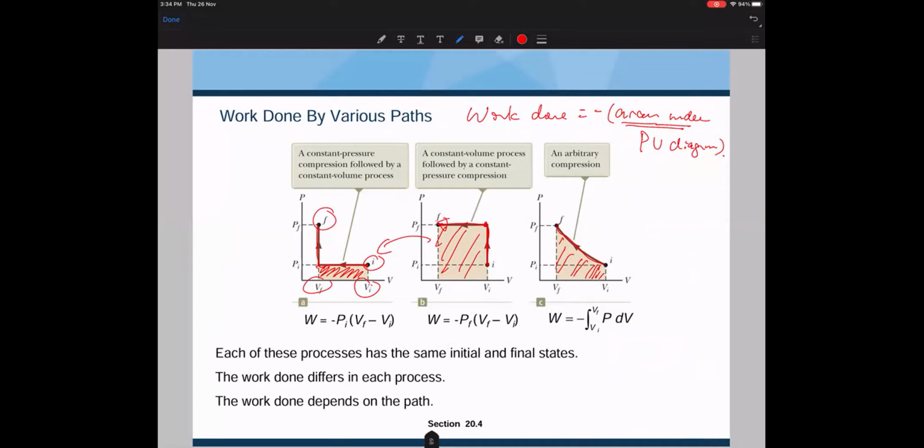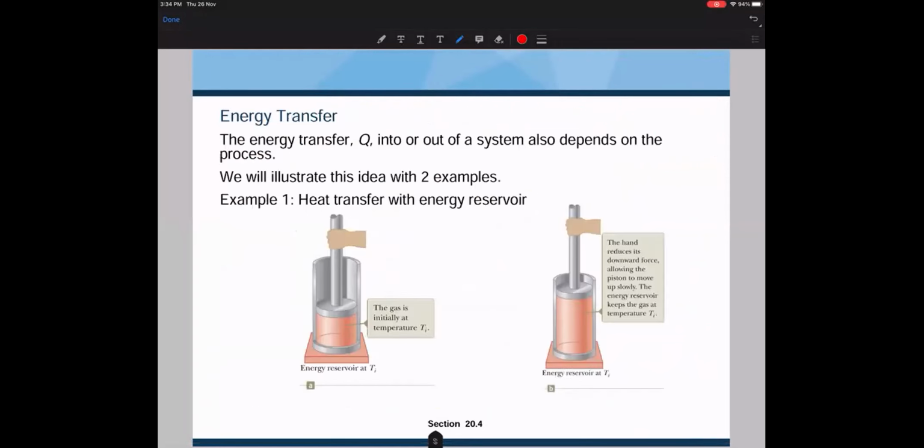And because of the first law of thermodynamics, we would also see that Q, the heat transfer, is also process dependent. Depending on different processes, even if you have the same initial and final state, the Q heat transfer is process dependent.